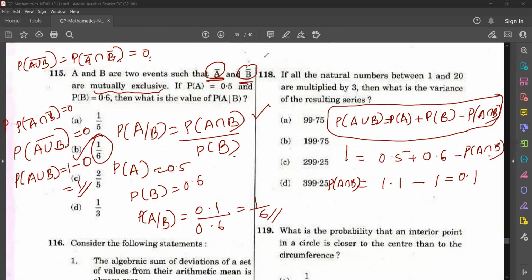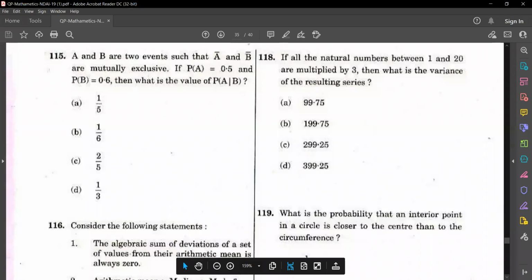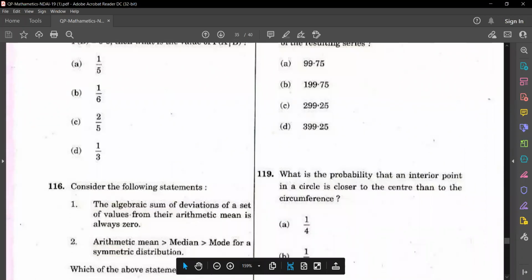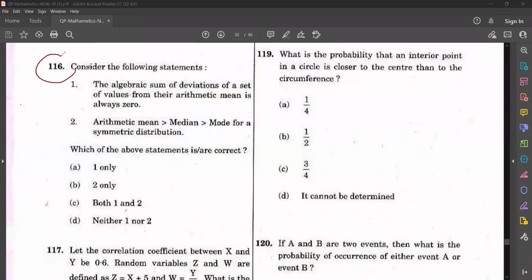Okay, so let's go to the next question. Question number 116. That is a statement question. You have to choose which of the following statements are correct. Read out the statements and give me the answer.